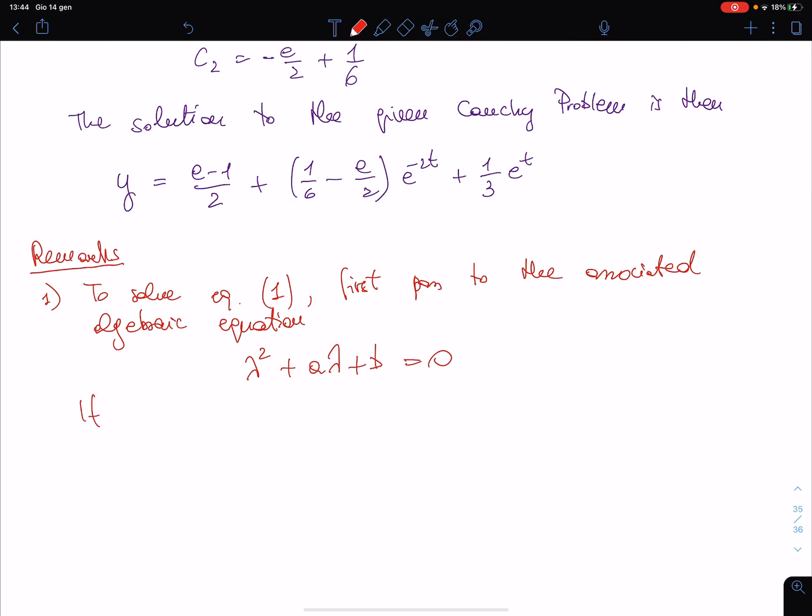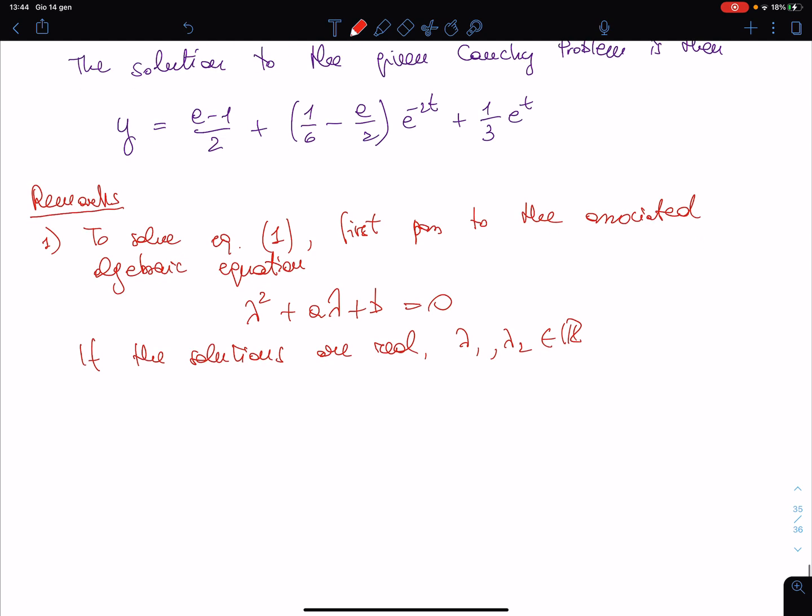If the solutions are real, so lambda 1, lambda 2 are real, which means that the discriminant is positive, I don't want to tell these trivial things to you, you are clever guys. Okay, if the solutions are real, then y_gen_hom is equal to c1 e^(lambda 1 t) plus c2 e^(lambda 2 t).